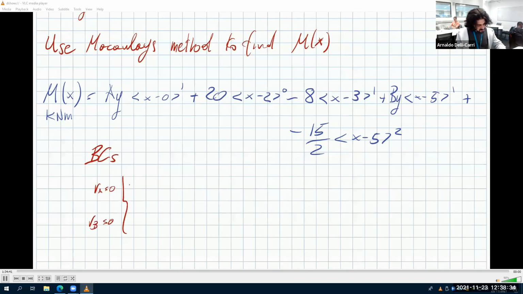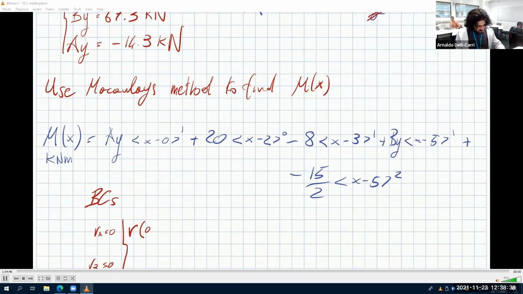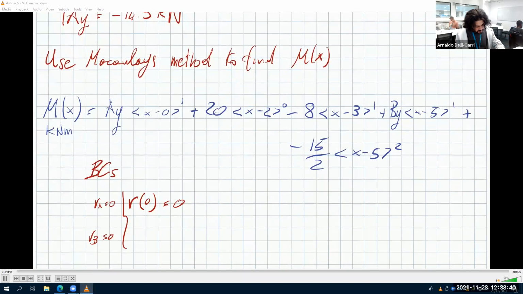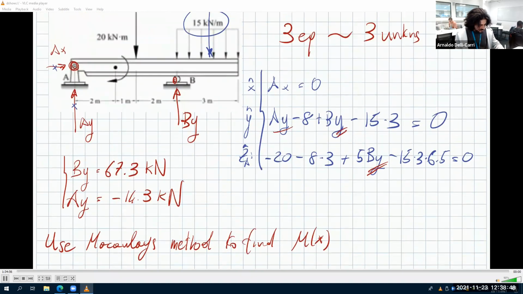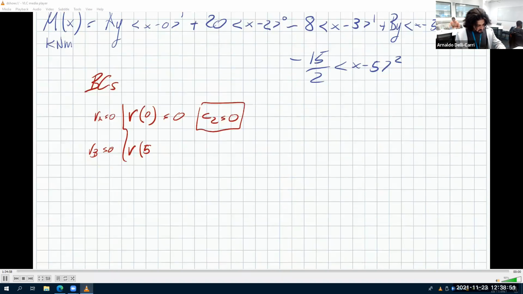So that means that V of 0 is 0, and that means that C2 is 0. And V of 5 is also 0. And that means that we can find C1 to be something.